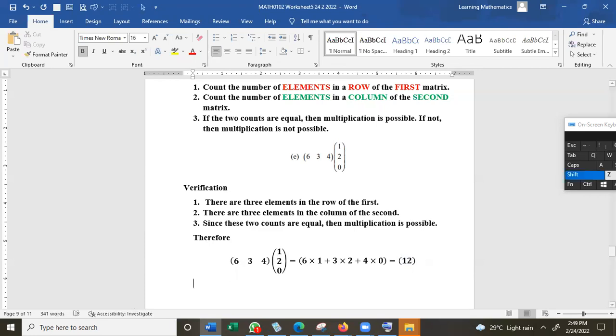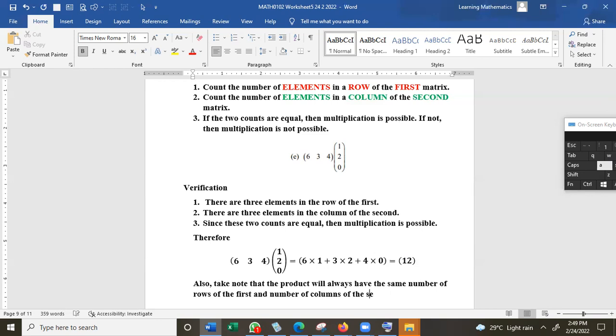Also take note that the product will always have the same number of rows of the first, and number of columns of the second.